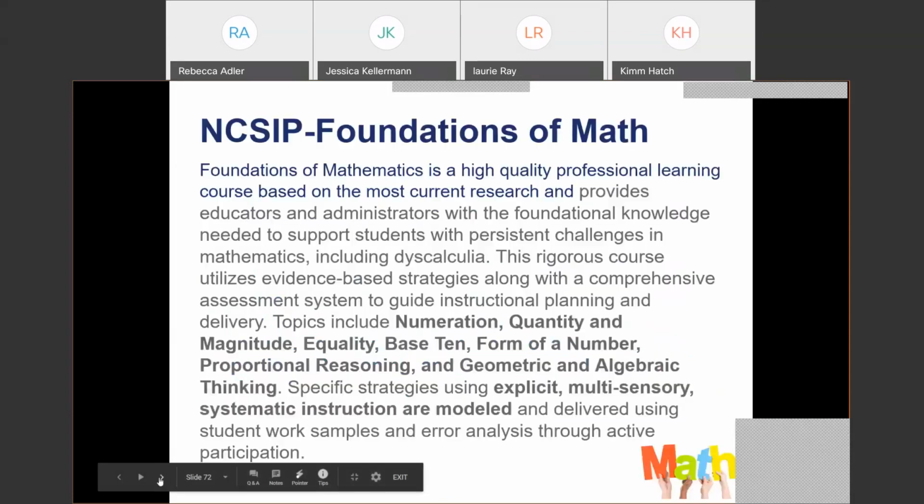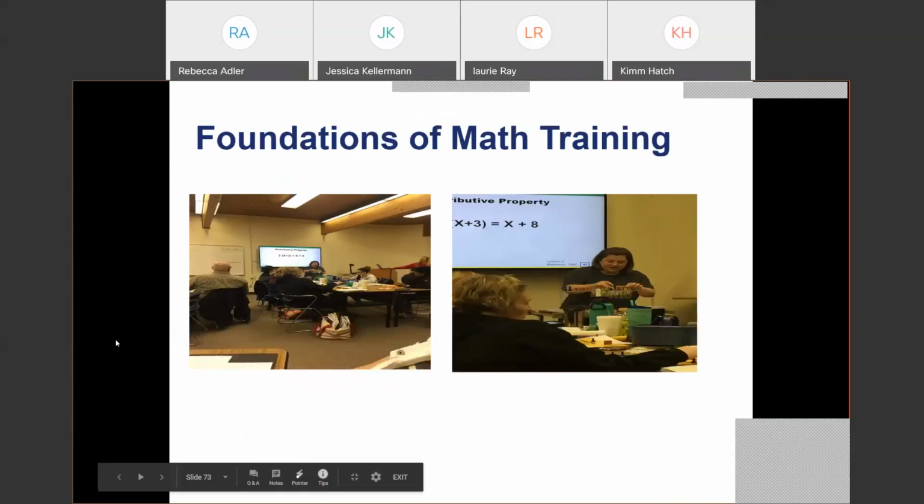So again, this is the definition of NC-SIP and a Foundations of Math course. It's a 5-day course. They have tried to merge that into a hybrid, so a 2-day face-to-face, 3-day online. So you'll be hearing more about that later on this year. But this is an actual picture of our teachers in my county doing this.